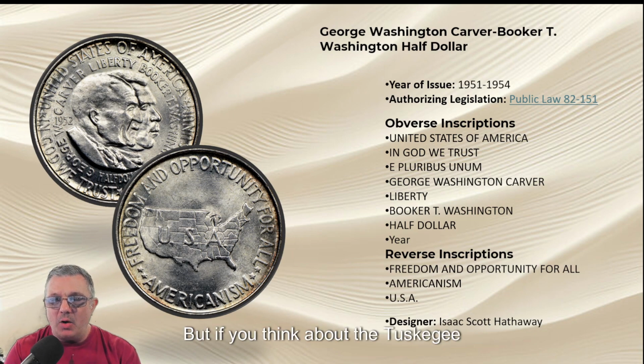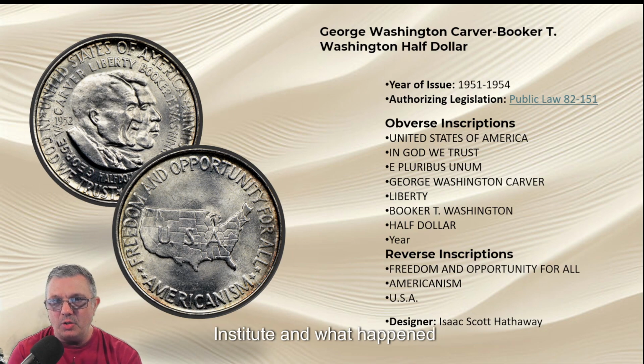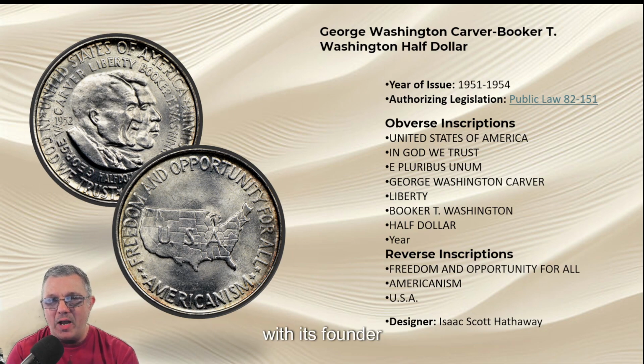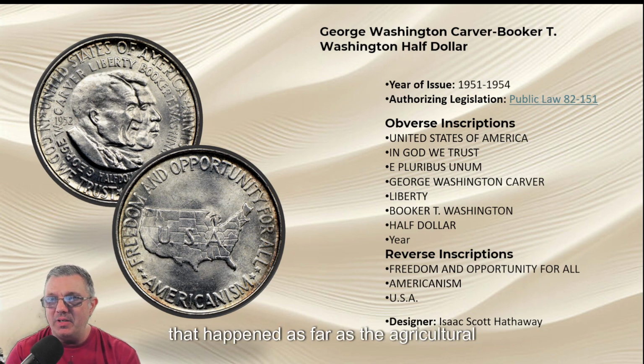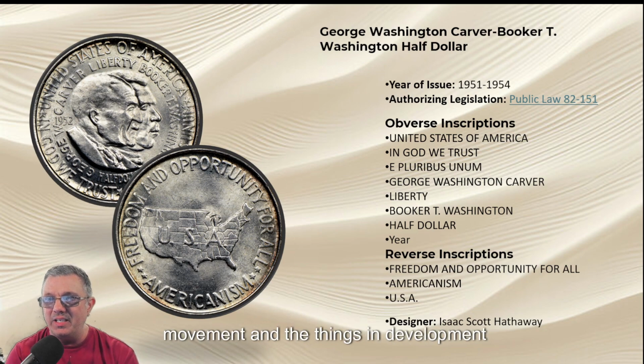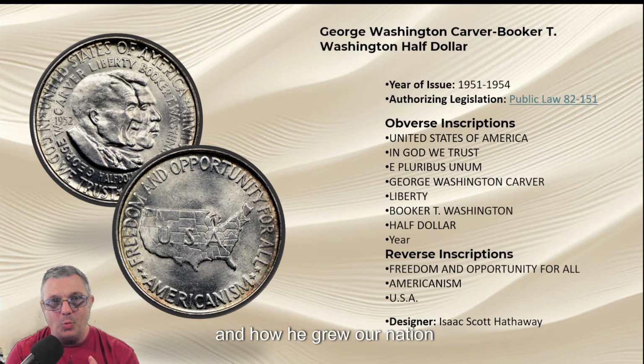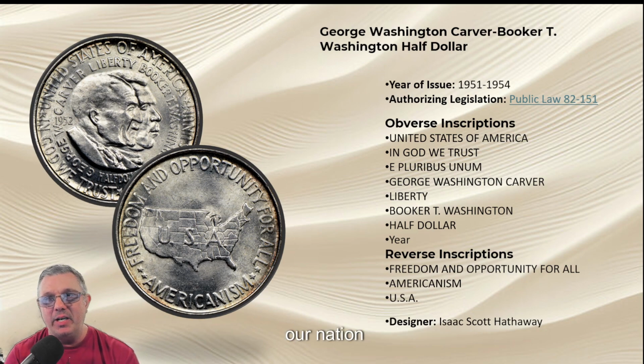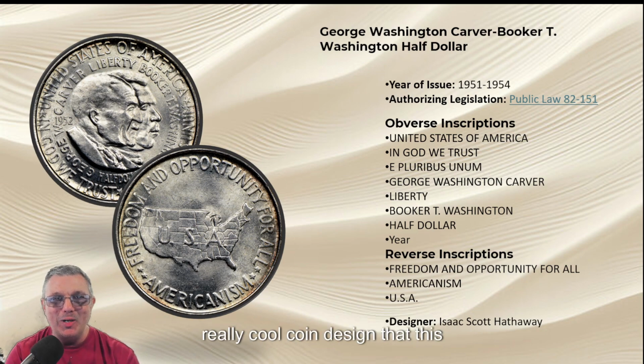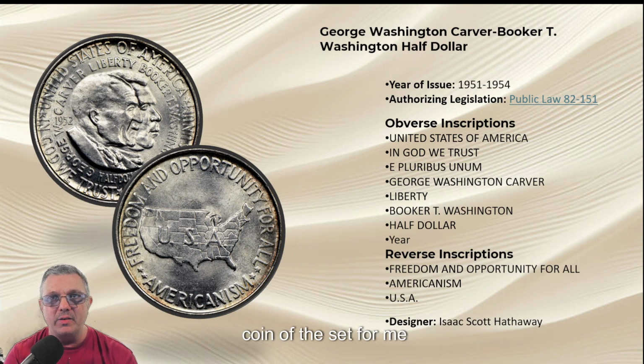If you think about the Tuskegee Institute and what happened with its founder, Booker T. Washington, and you look at the things that happened as far as the agricultural movement and the things in development and how he grew our nation, Mr. Washington Carver, the impact that they had on our nation, there could have been such a really cool coin design that this is probably the biggest letdown coin of the set for me, mainly because I knew there was a great opportunity for this.